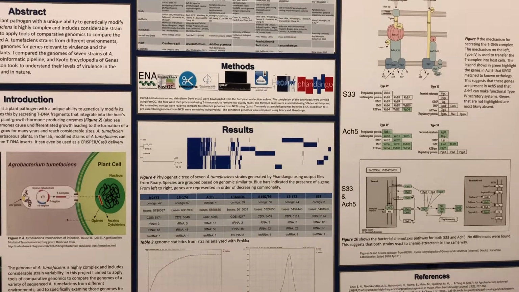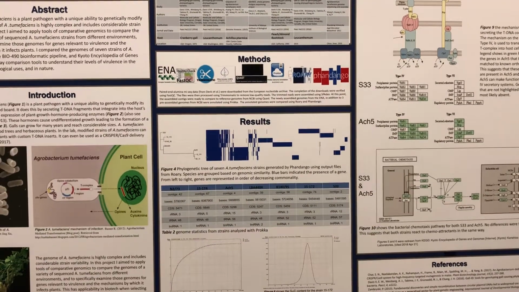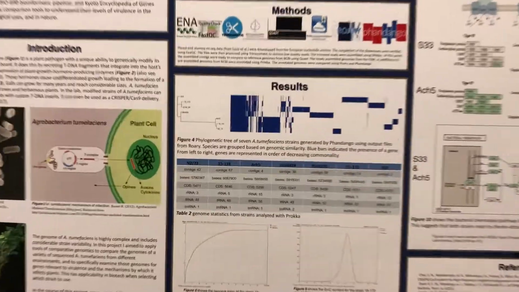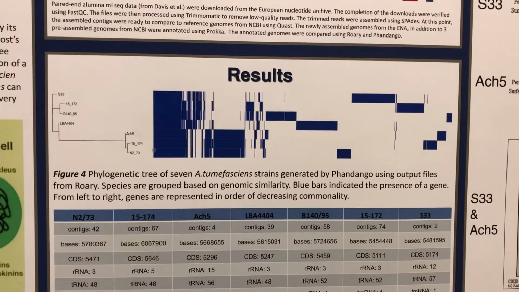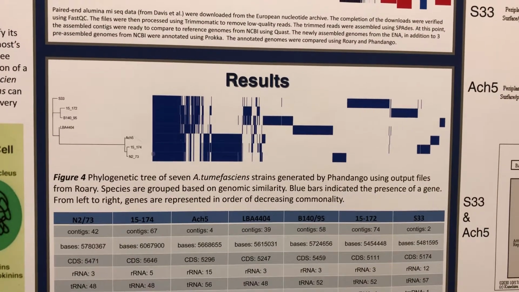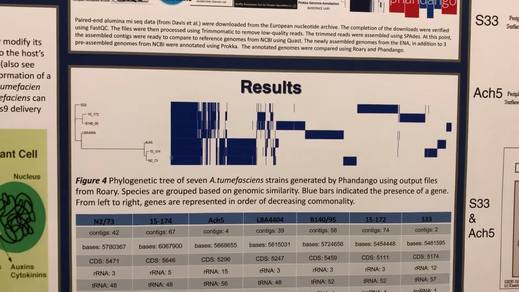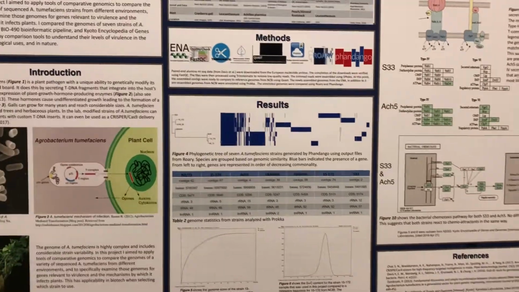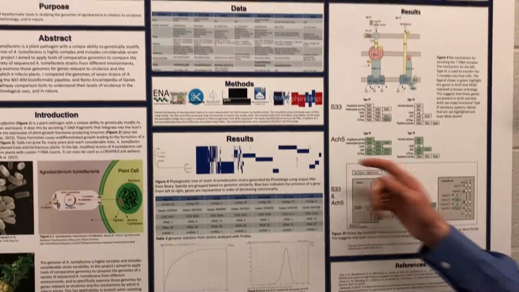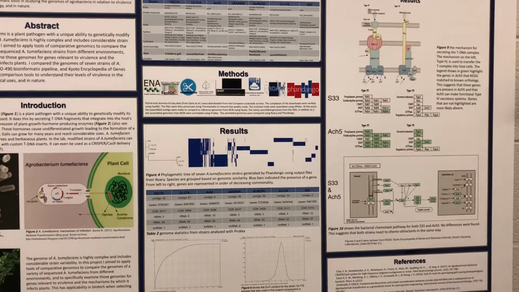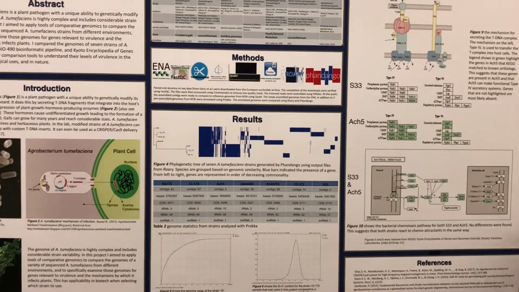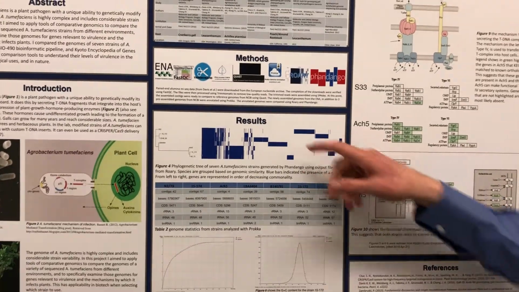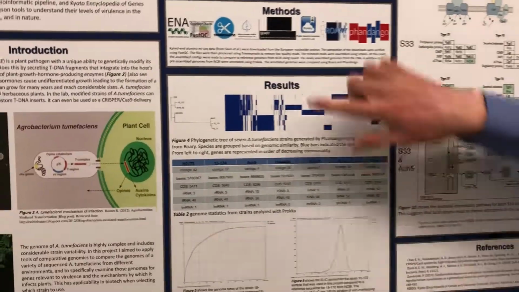And then I compared the different strains using Roary and Fandango to generate this figure. The different strains are grouped based on total genomic similarity, and the presence or absence of certain genes. All the genes are shown in this figure here.